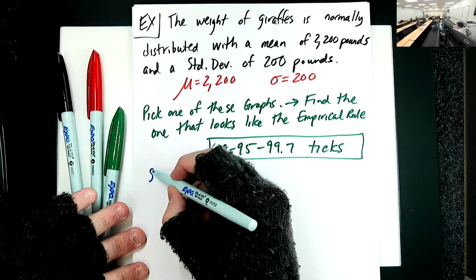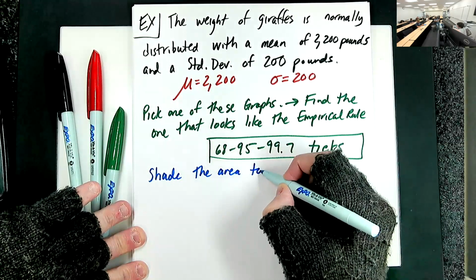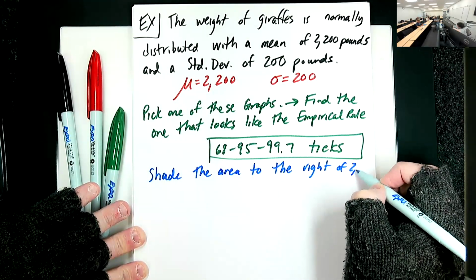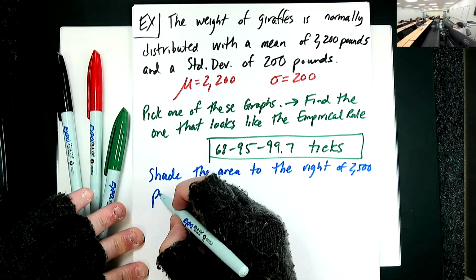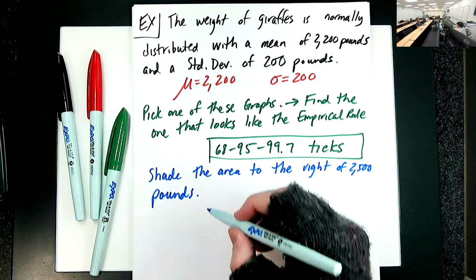it might say shade the area to the right of 2,500 pounds. And what does it mean?